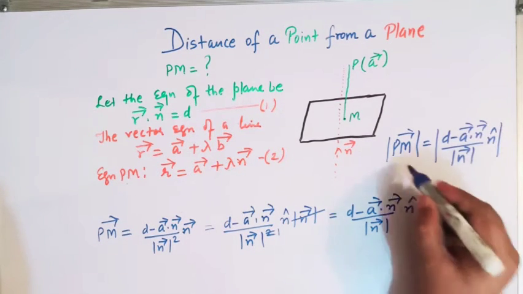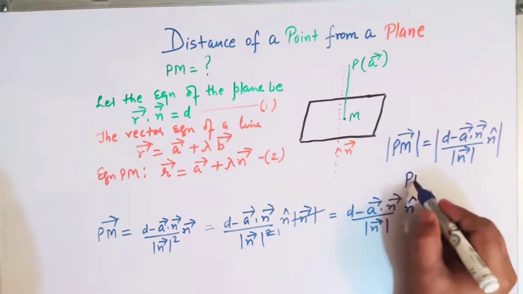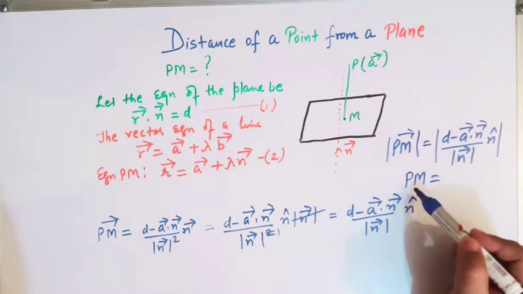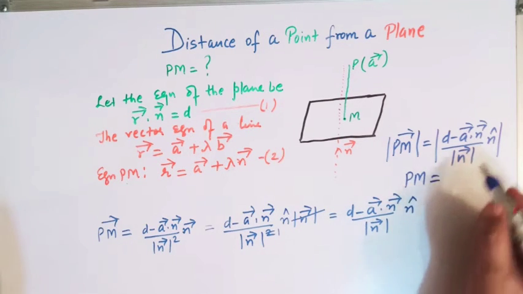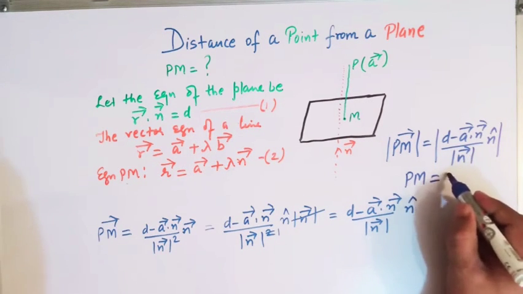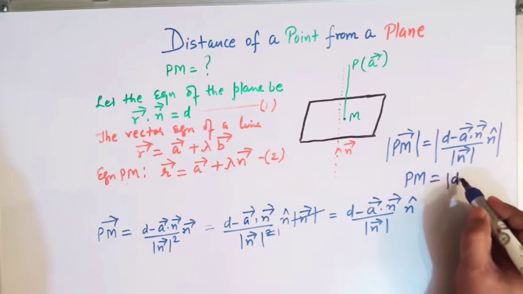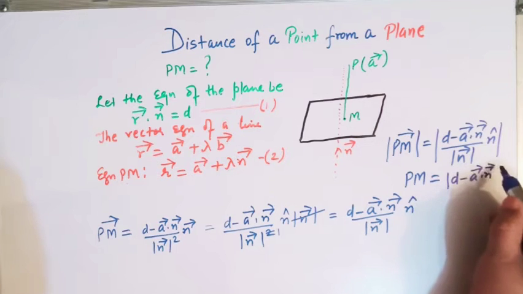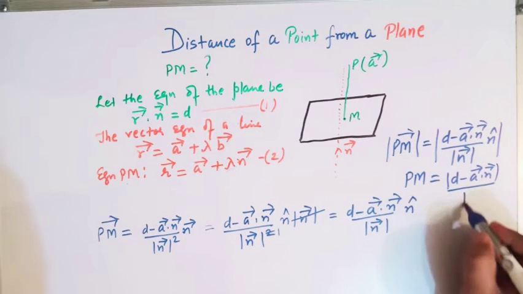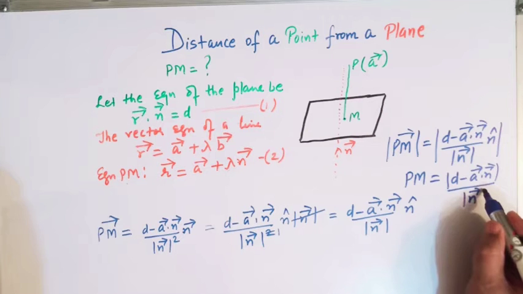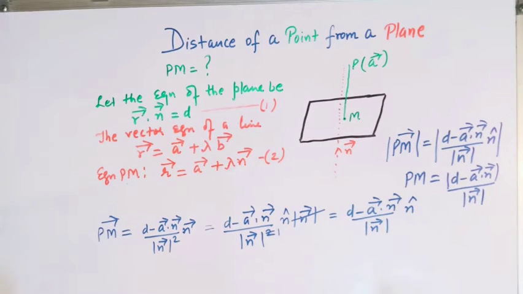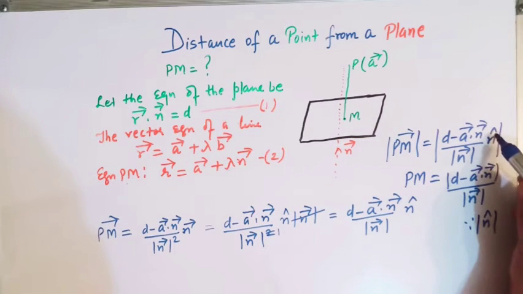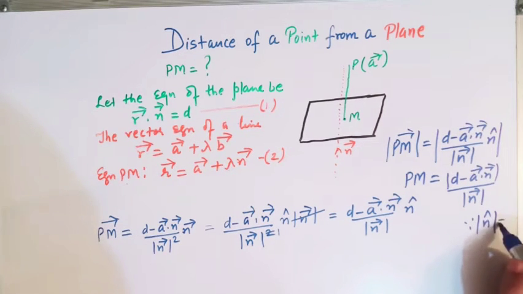Writing the magnitude of vector PM simply as PM, here we have the magnitude of d minus vector A dot vector n divided by the magnitude of vector n, since the magnitude of the unit vector n cap is 1.